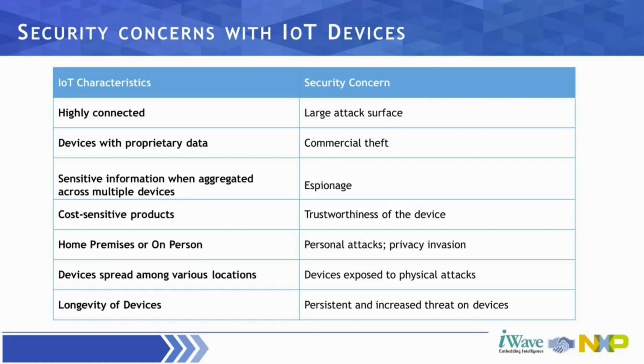It's not like a big server or a data center. So physical attacks are also a concern, and also as the life expectancy of the device increases, it's a concern to update the software running on the device in a safe and secure manner.